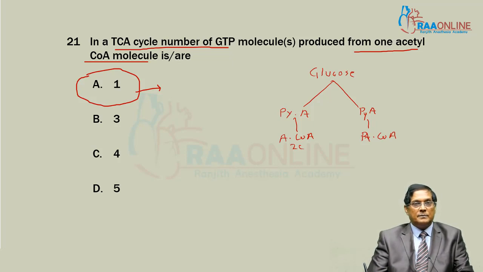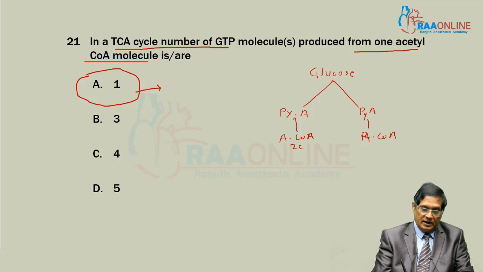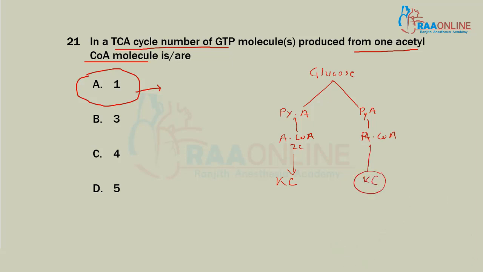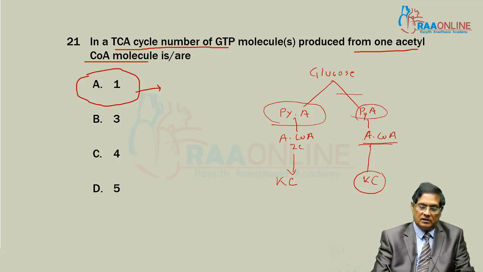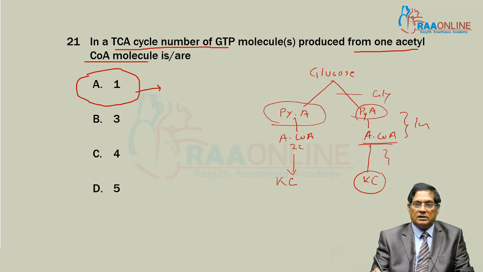That is, after glycolysis, every step takes place twice. And this acetyl coenzyme A performs 1 Krebs cycle, and this acetyl coenzyme A performs 1 Krebs cycle, that is complete oxidation of acetyl coenzyme A. So after glycolysis, this is the glycolysis end product, this is the intermediate step, double and double Krebs cycle.